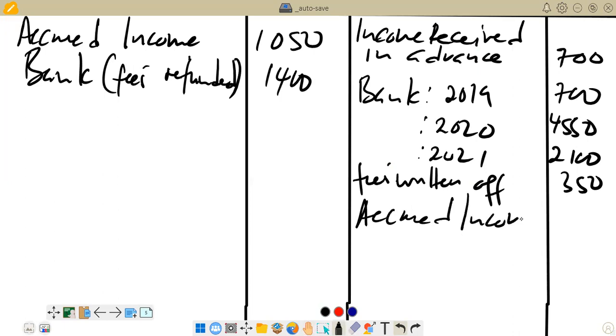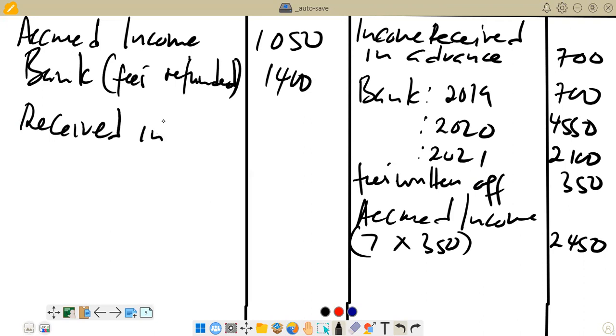We said we are going to say 7 times 350 to get the product, which was 2,450. Then on the debit side, we have the amount in advance, which is 2,100. So it's received in advance at the end.